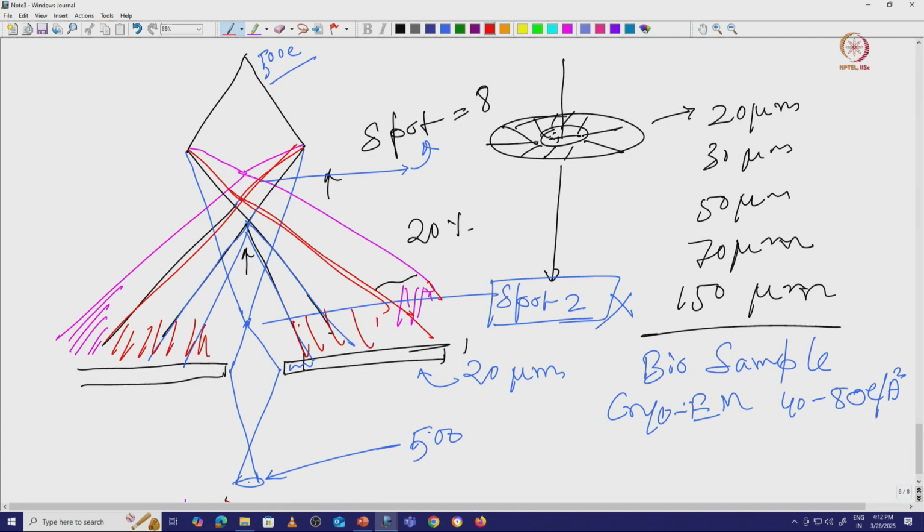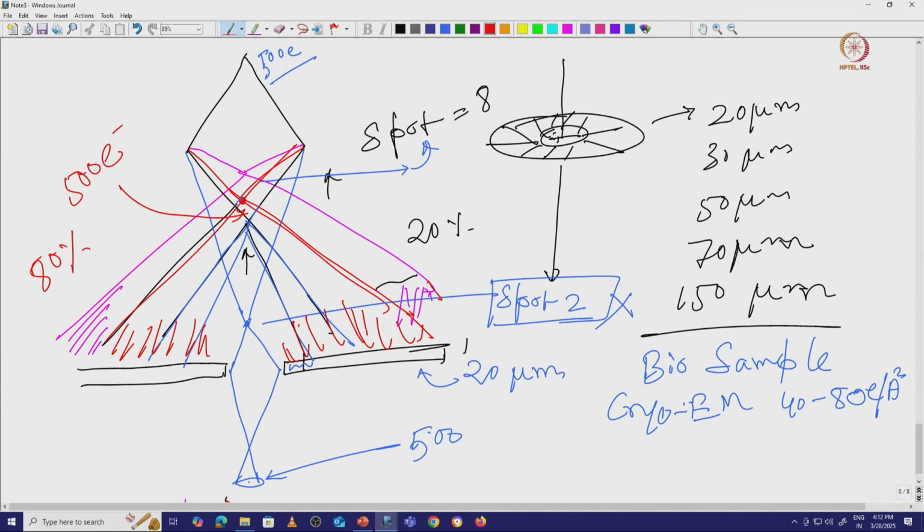So, in this particular condition, you have 500 electrons, but due to this aperture almost 80% of the electrons are blocked.